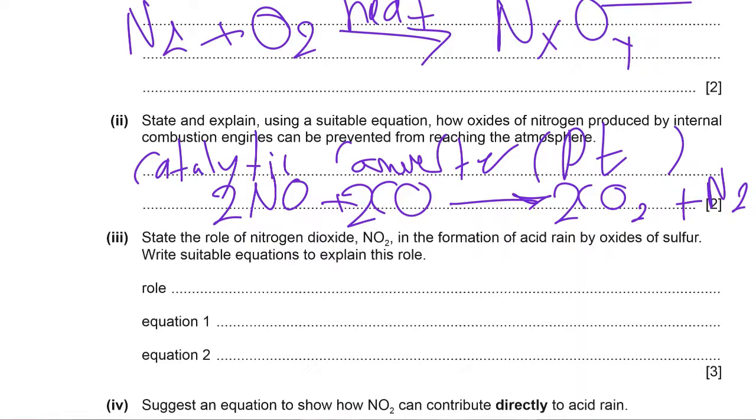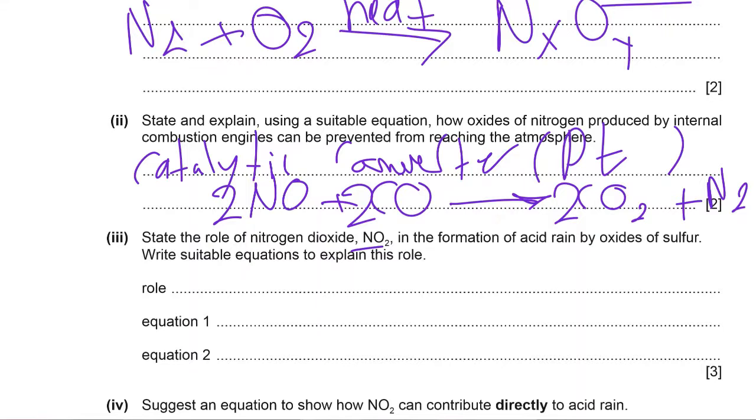And the next question is, state the role of nitrogen dioxide in the formation of acid rain by oxides of sulfur. Let's write the equation, then we will see.